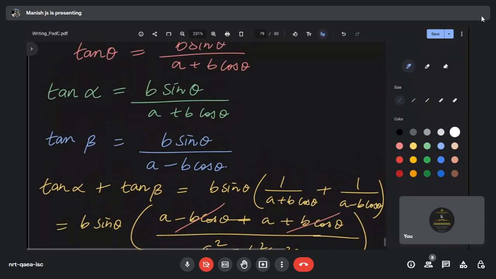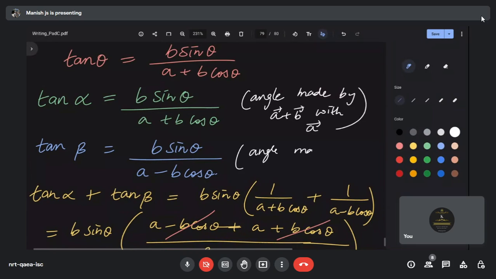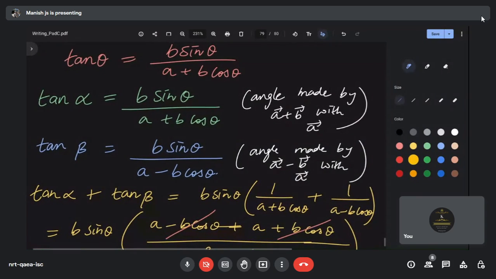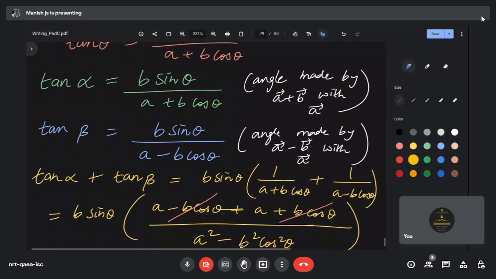So இங்க வந்து angle made by A bar plus B bar with vector A. இங்க வந்து angle made by A bar minus B bar with vector A. சரிங்களா? So when that is the case, அப்போ angle made by vector A and minus B bar வரும் because it is 180 minus theta.